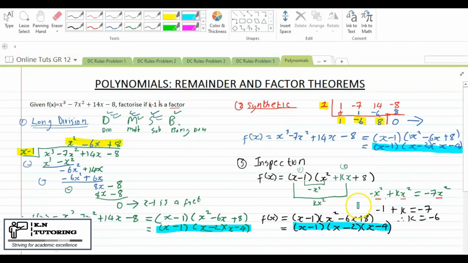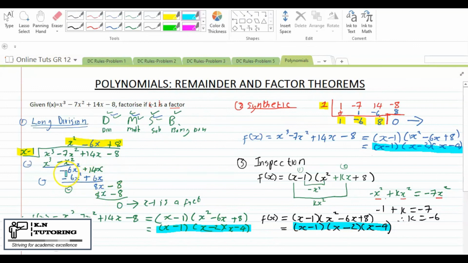I will advise you to use either synthetic or inspection, because long division is very long firstly, and you can make a lot of mistakes, especially when you start applying your subtraction, because you get to a point where you need to subtract a negative from a negative term.